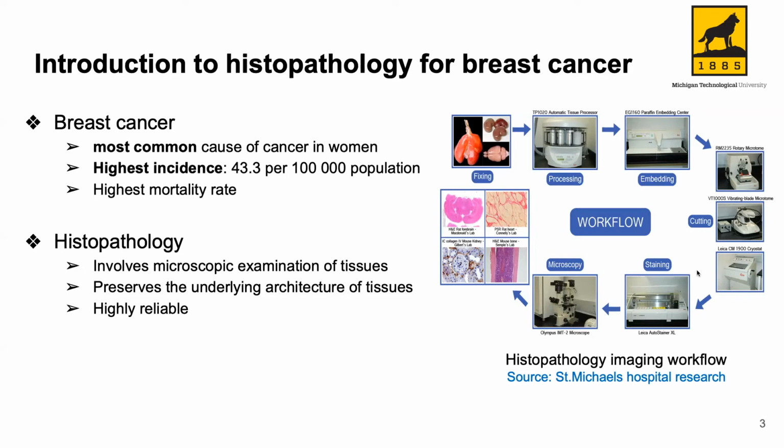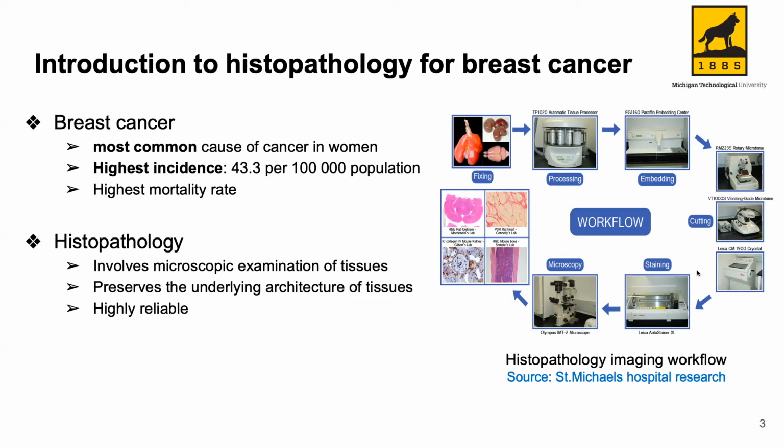This is the standard workflow for getting the histopathology microscopy images, and then a pathologist looks at these images and identifies whether they are carcinogenic or healthy. We are trying to do that job using convolutional neural networks.